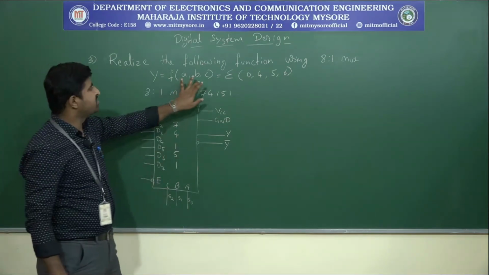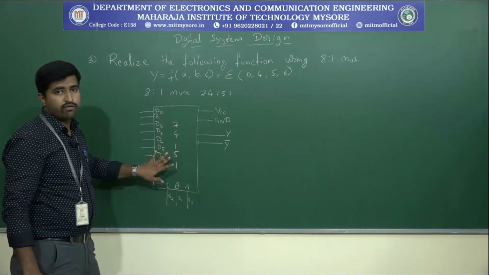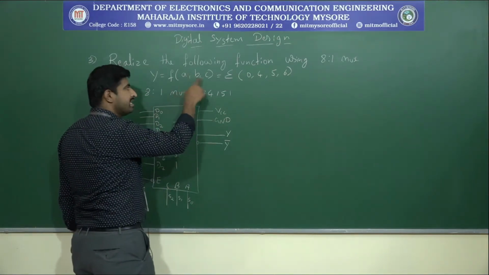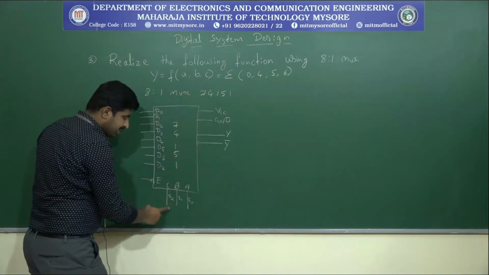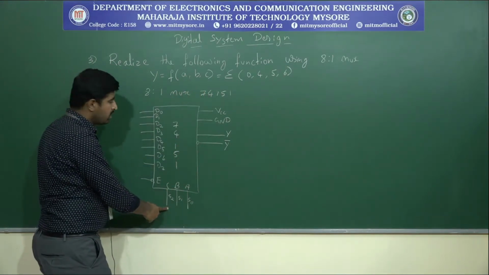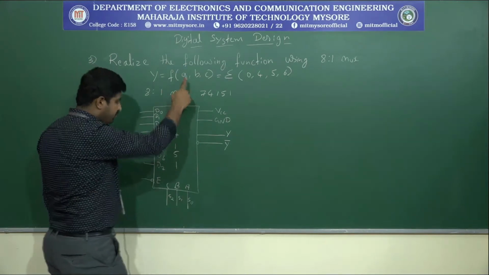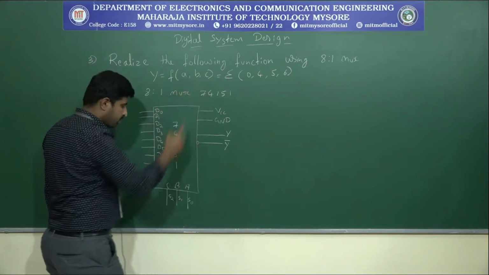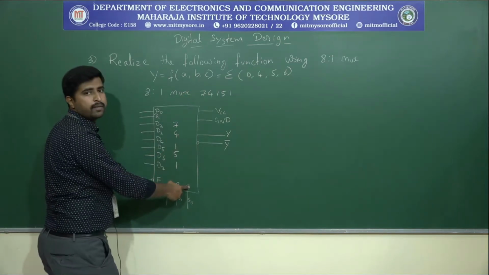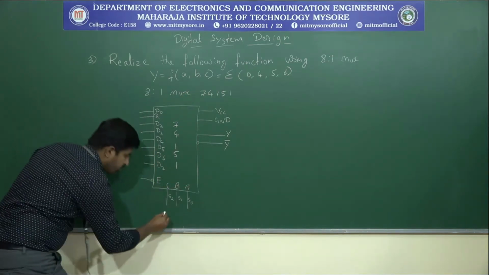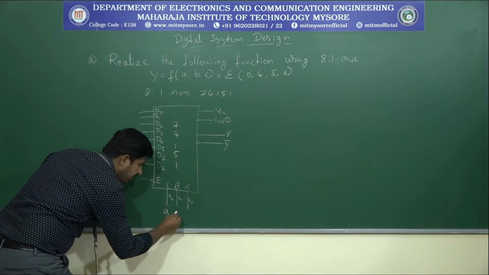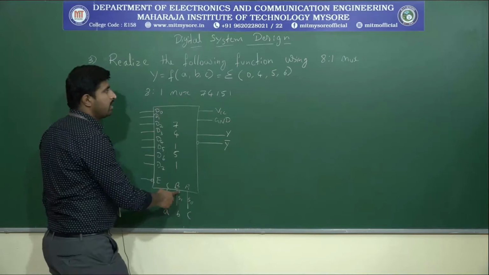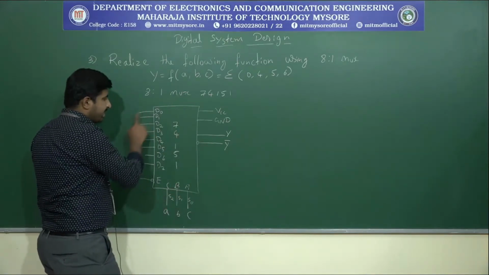Now we need to realize this function by using the 74151. As already said, we need to connect the given inputs to the select lines. Keep in mind here A is the MSB, and on the IC, C is the MSB. So we need to connect A, B, C to the select lines C, B, A. Here we connect A, here B, and here C. Now, how to connect the data inputs?